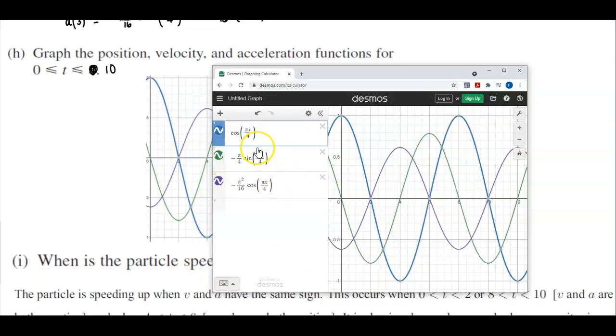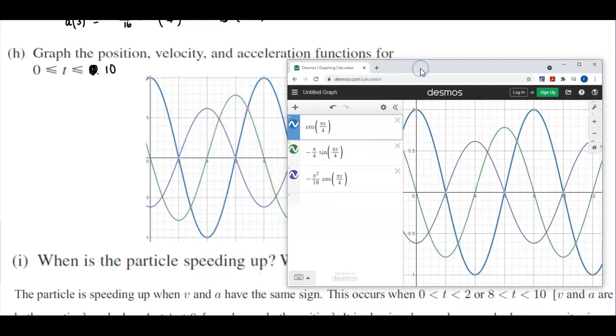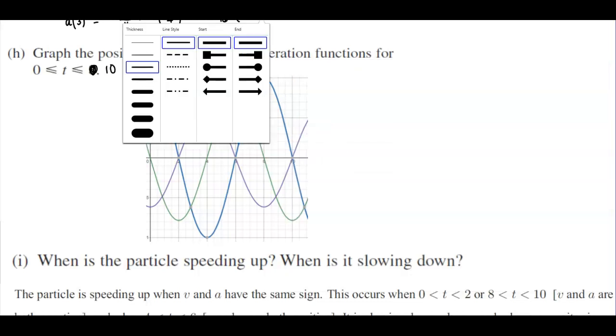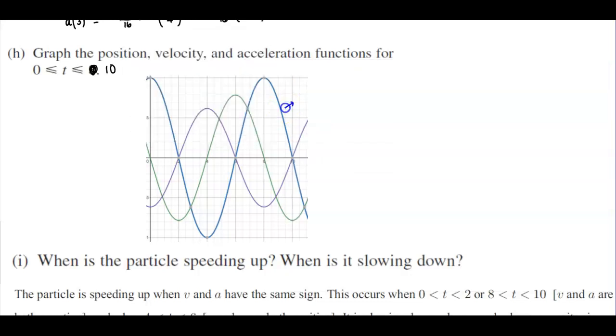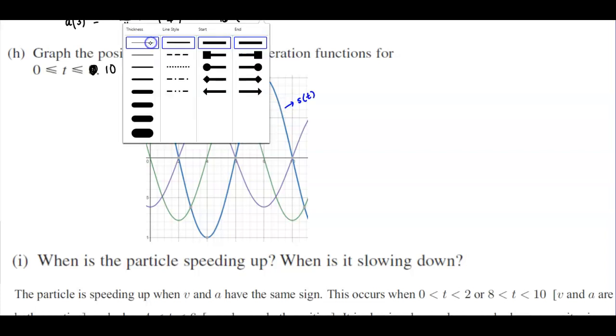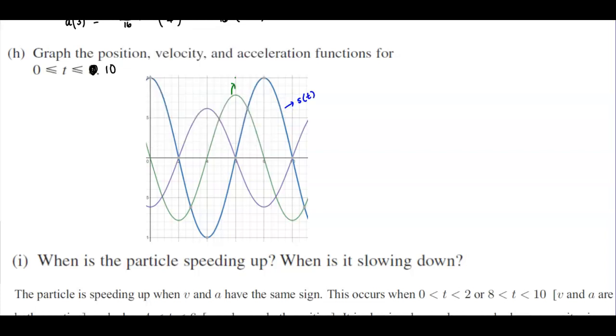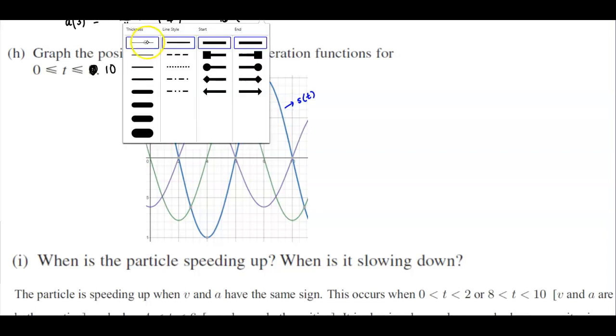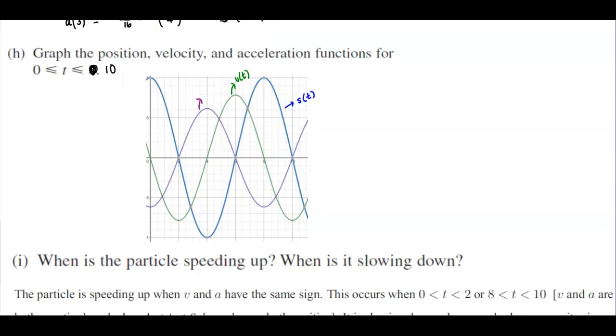Okay, so the blue is the position function, the green is the velocity function, and the purple is the acceleration function.